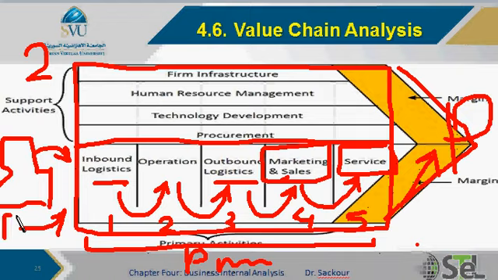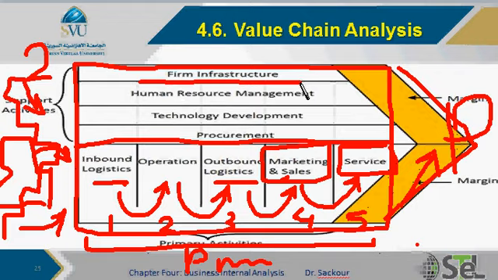Let's climb the ladder and go to the second floor. On the second floor, we have firm infrastructure, human resources management, technology and development, and procurement.